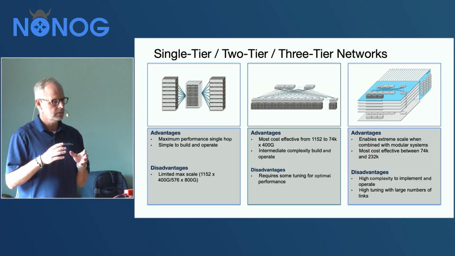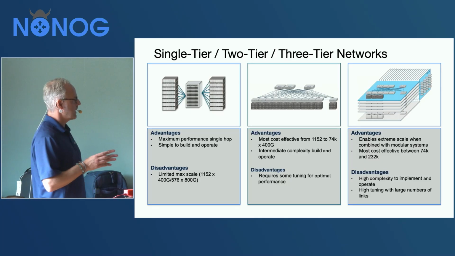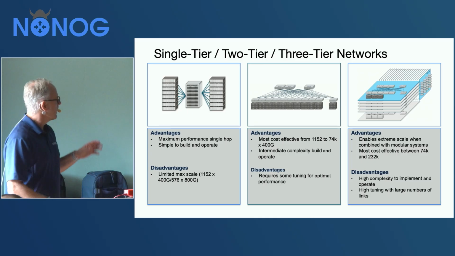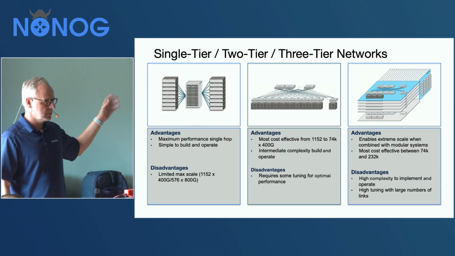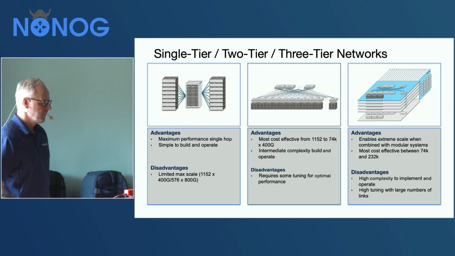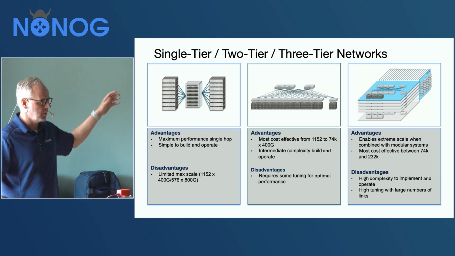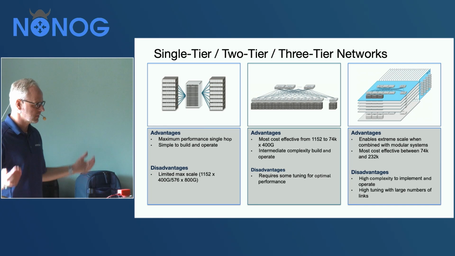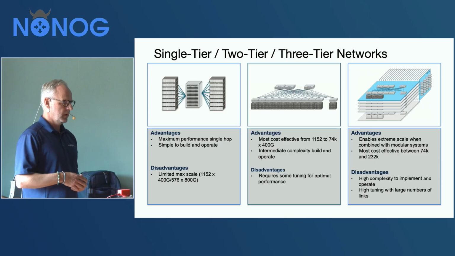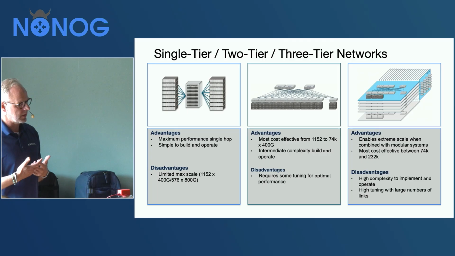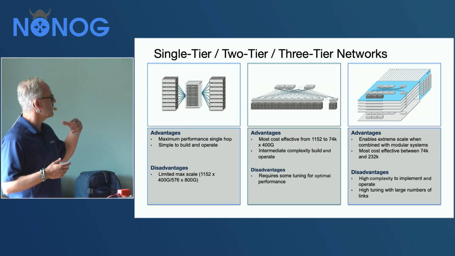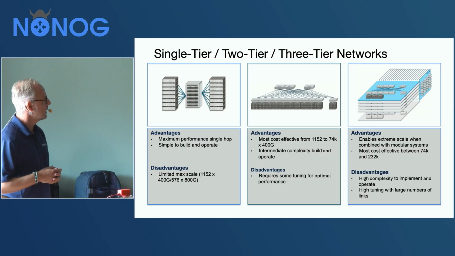We talk about different tiers when we need to scale the AI backend network. The simplest one is a single tier, where you put the switch in the middle and the GPUs on the side and just connect them. We can have up to 1152 GPUs connected to the same switch.